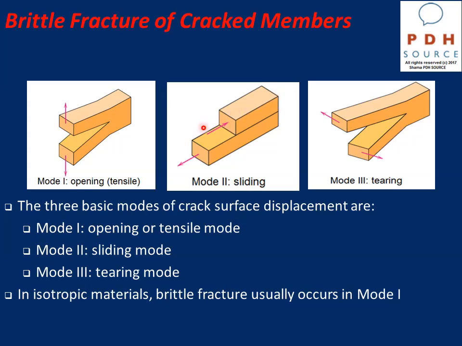Mode 2 is sliding mode. Mode 3 is tearing mode. Since we are dealing with isotropic materials, brittle fracture usually occurs in mode 1. So in this course we will focus on mode 1.